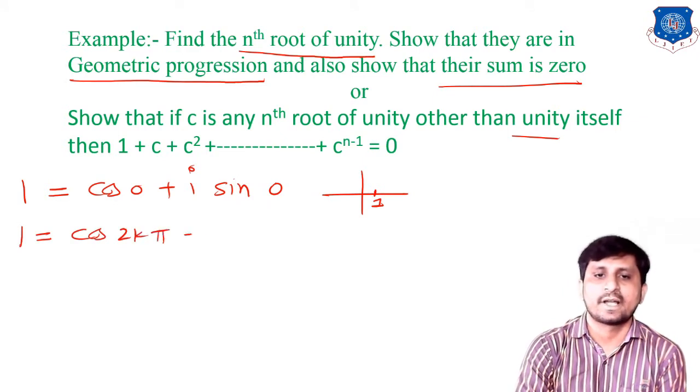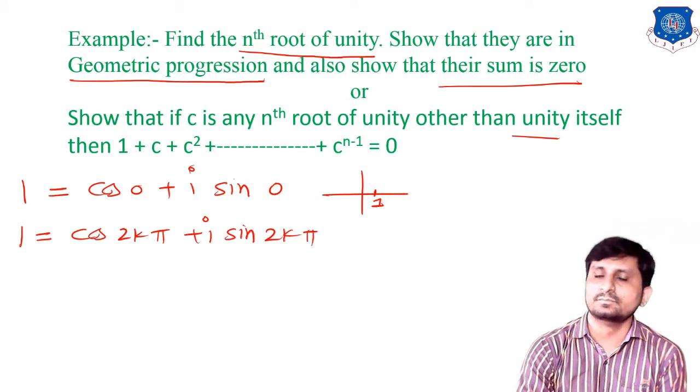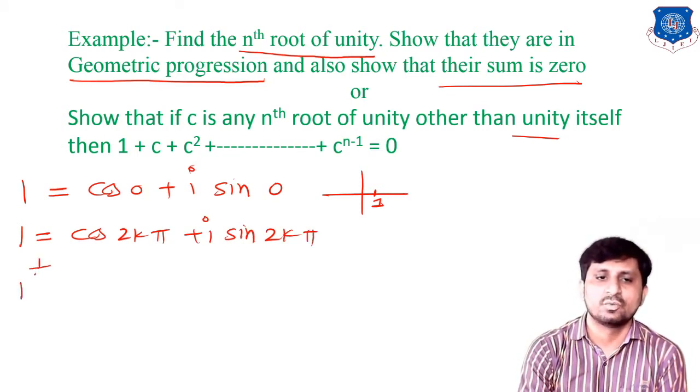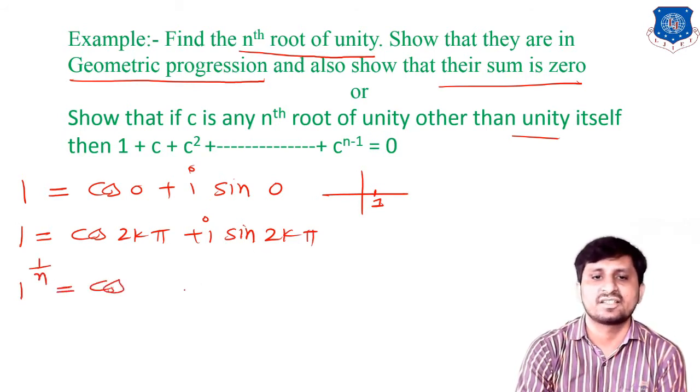So cos 2k pi plus I sin 2k pi, and then I want to find the nth root of unity. So 1 raised to 1 by n can be written as cos 2k pi plus I sin 2k pi raised to 1 by n.